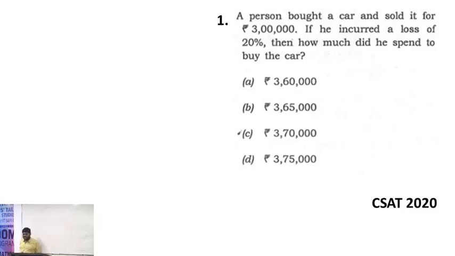A person bought a car and sold it for rupees 3 lakh. If he incurred a loss of 20%, then how much did he spend to buy the car? Just solve it. This is a CSAT 2020 question.